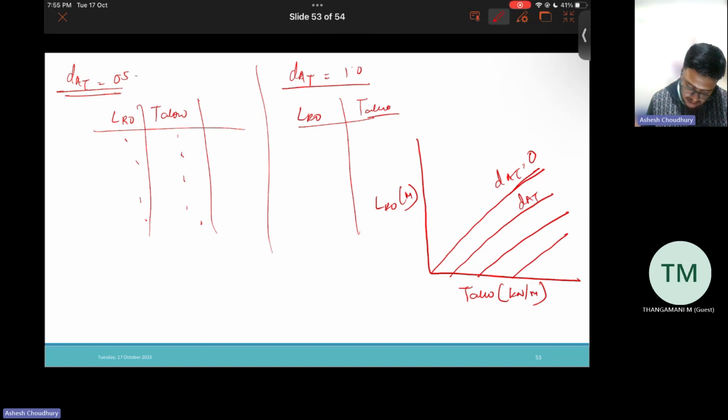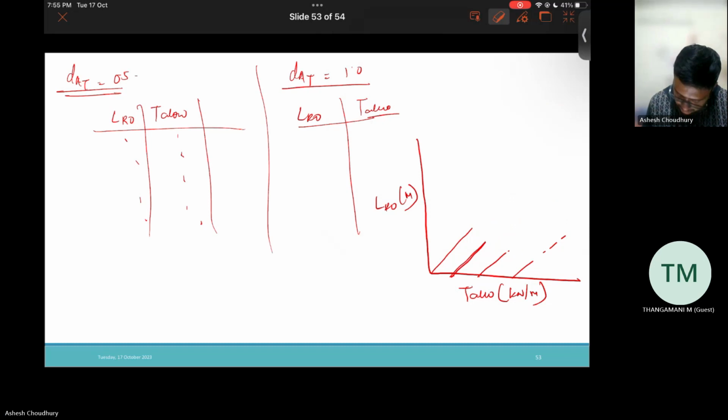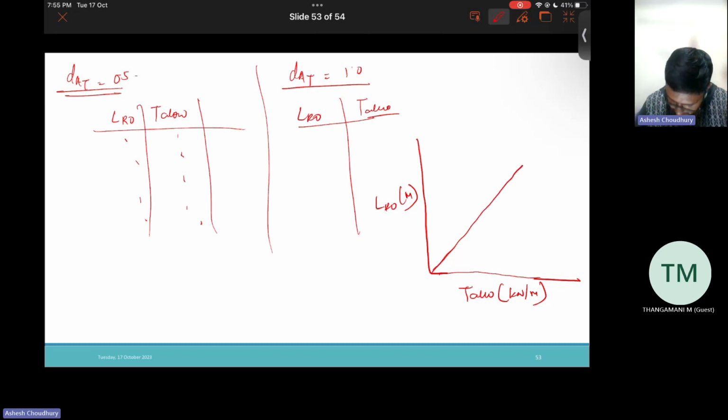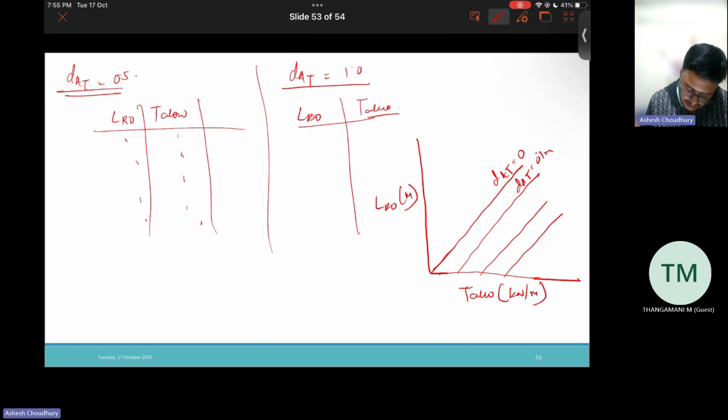These are straight lines, not curves. You are getting certain straight lines. This one is DAT 0, DAT 0.1 meter, DAT 0.2 meter. Like this, you can get some design chart.